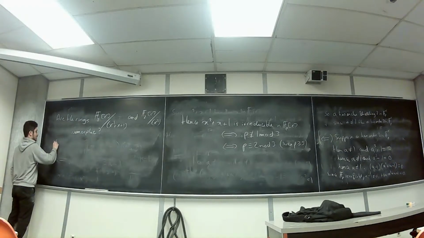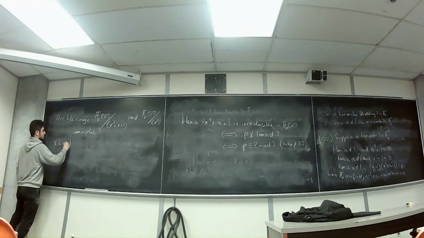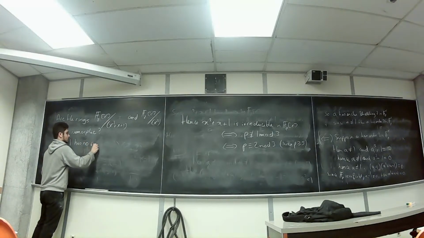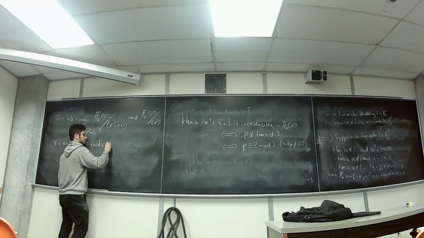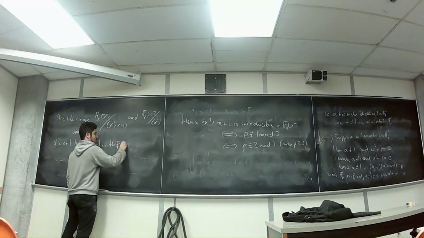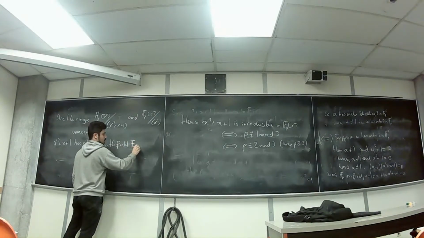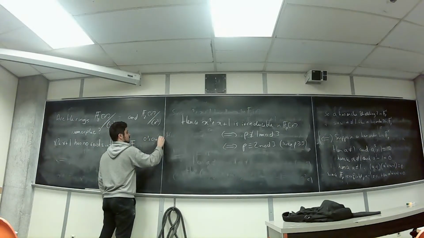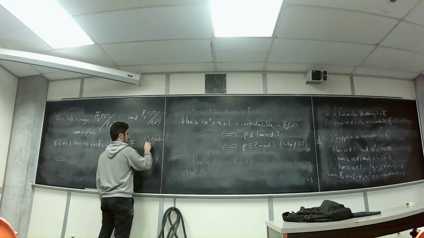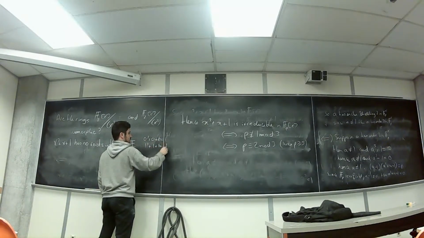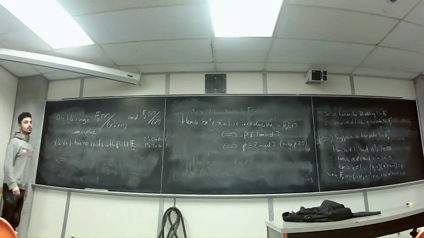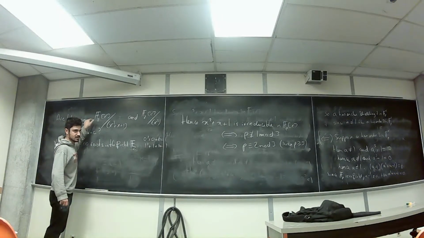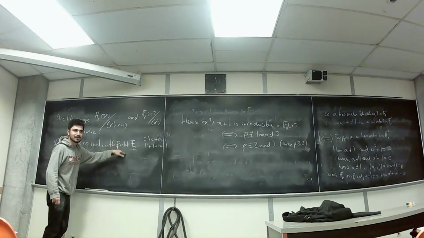So x squared plus x plus 1 has no roots in the field F2. 0 squared plus 0 plus 1 is 1, and 1 squared plus 1 plus 1 is 1. It's important that the base field is a field, that the thing you're starting with is a field. You should specify at least that F2 is a field.